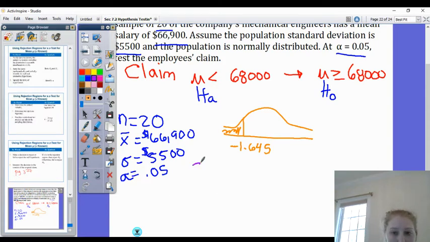Okay, so the formula is... all right, so we're gonna have 6, 9 minus.